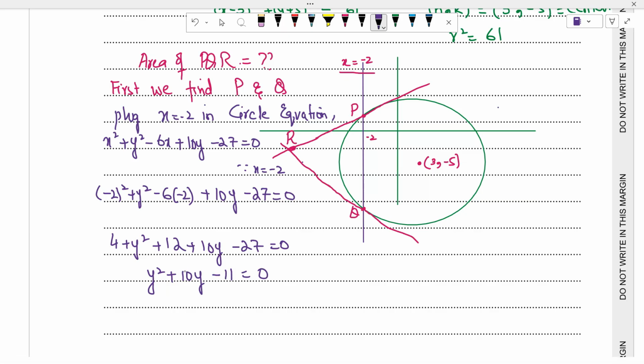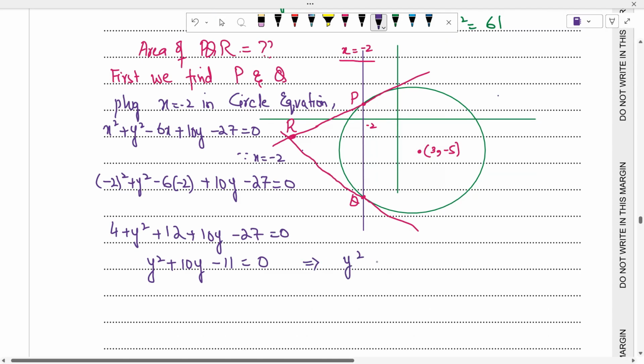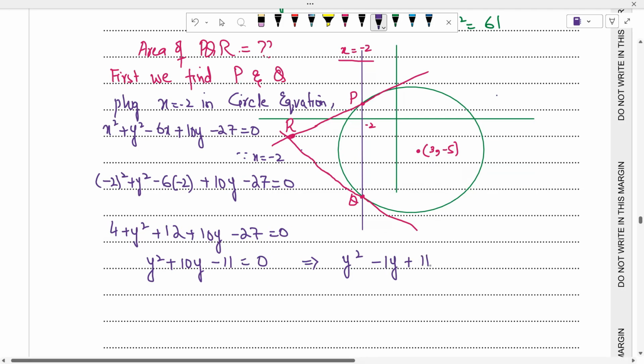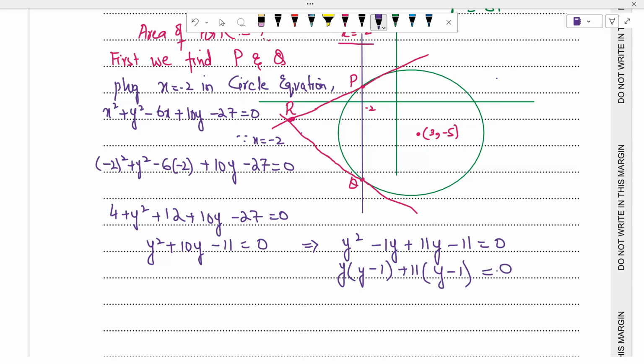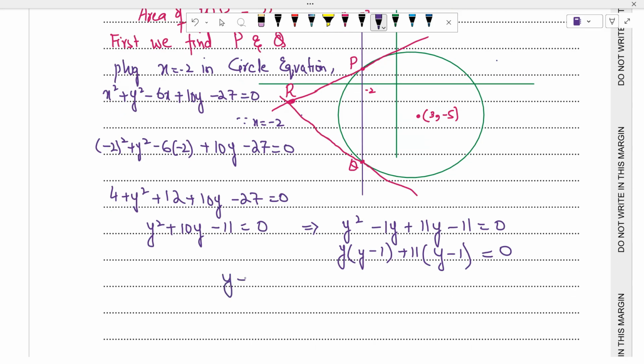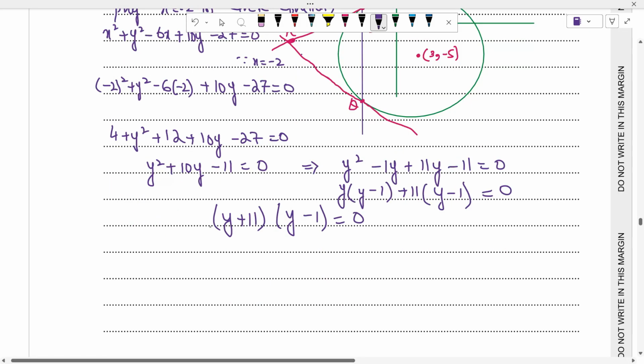So this is the quadratic equation. We can solve it by using factorization. So this will be y squared minus 1y plus 11y minus 11 equal to 0. When we take y common, it will be y(y minus 1) plus 11(y minus 1) equal to 0. So this will be (y plus 11)(y minus 1) equal to 0. So we have two factors.